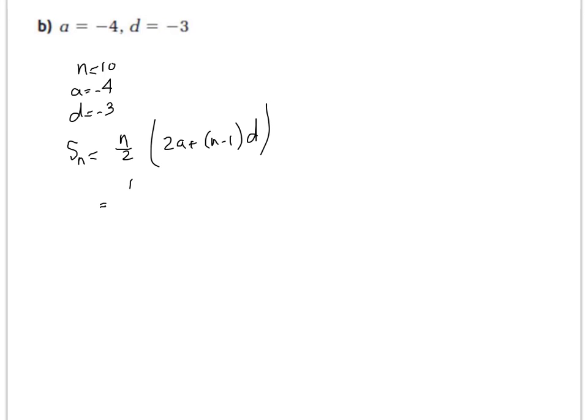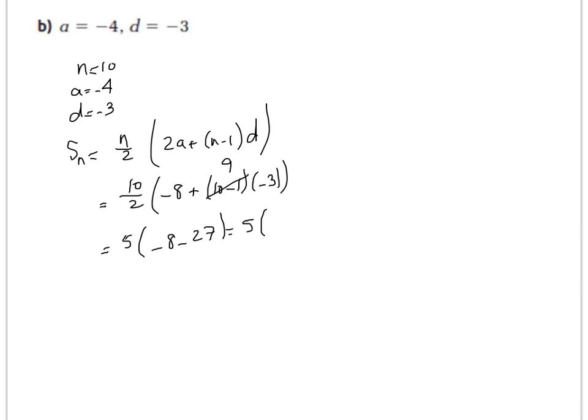Now n is 10, so I get 10 over 2 times 2 times a, which is -8, 2 times -4 is -8, plus n minus 1, which is 10 minus 1, times d, which is -3. 10 over 2 is 5. 10 minus 1 is 9. 9 times -3 is -27, so I get -8 minus 27, which is 5 times -35.